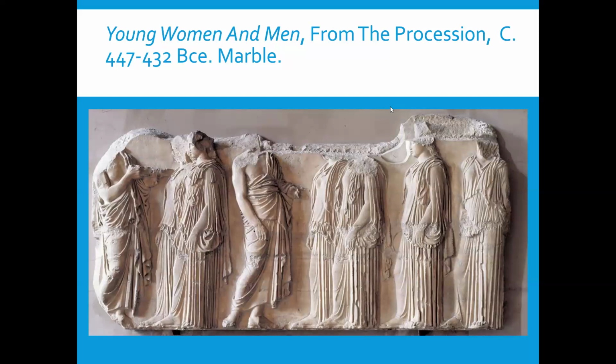So inside that Ionic frieze, this was the sculptural order. It's a pan-Athenaic festival procession that took place every 4 years in Athens. And these are young women and men from the procession, and they are Athenians.